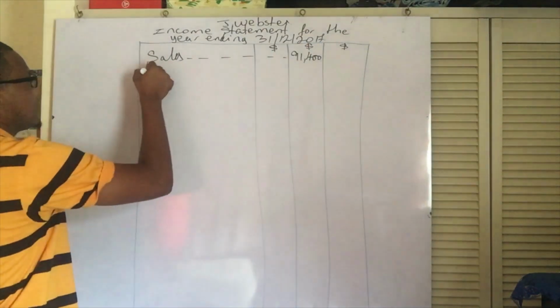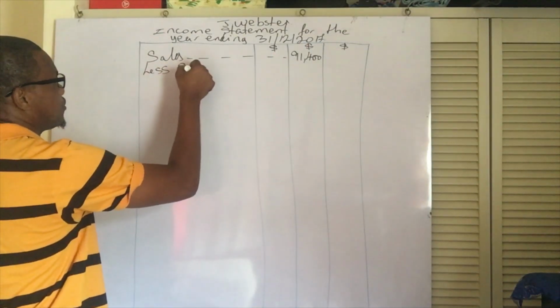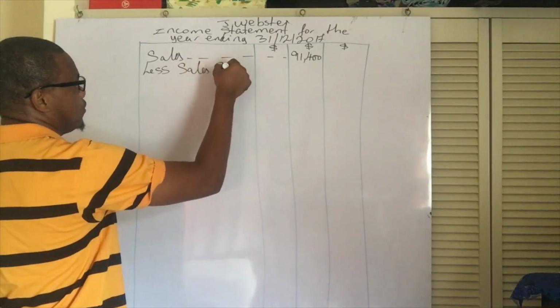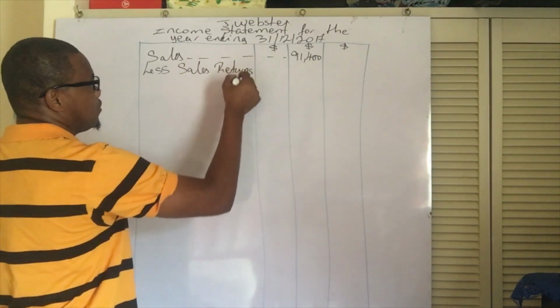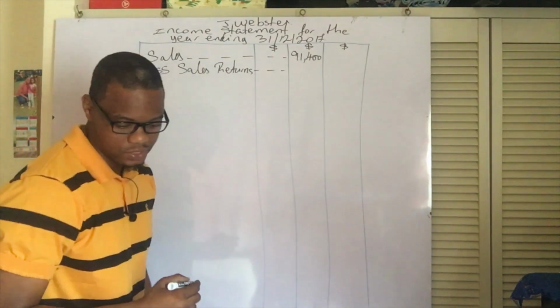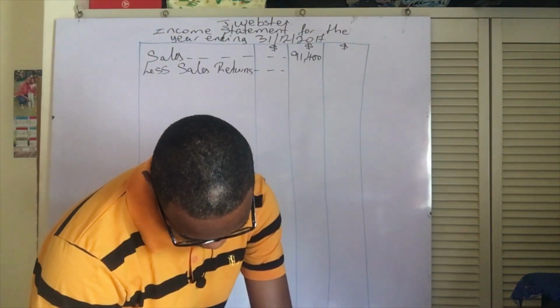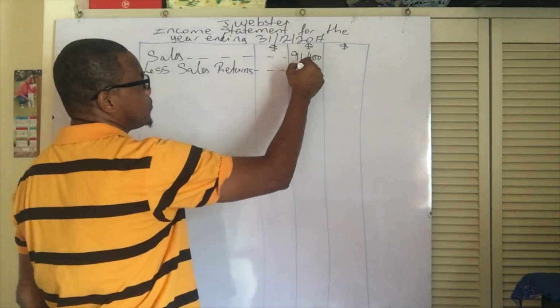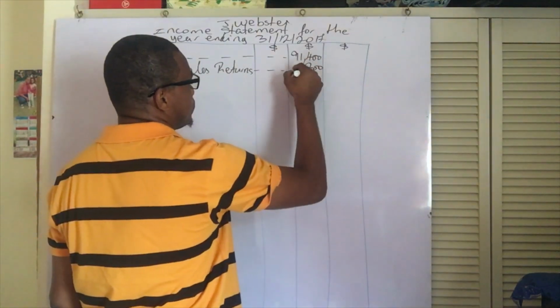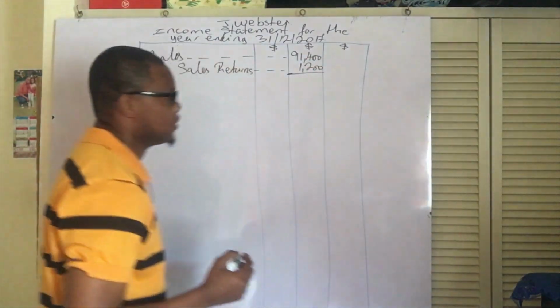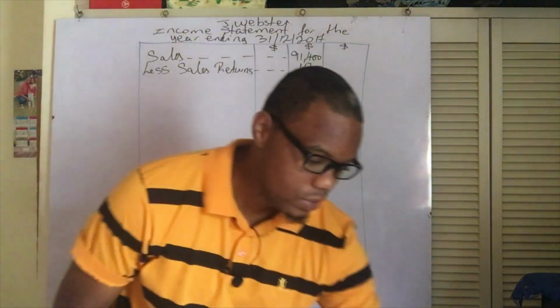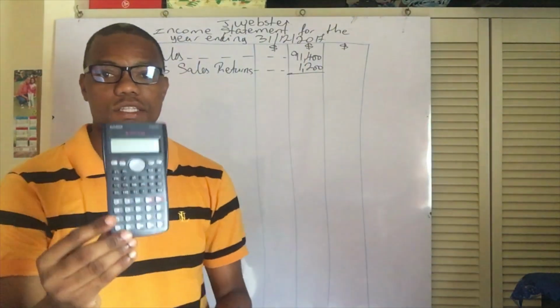Right, you're going to less sales returns. I like to use the new names, right, because that's what CXC is going to be testing. So sales returns, right? 1,200. Right, so you have to check now. Get your calculators out. By now, all of you should have your calculators.